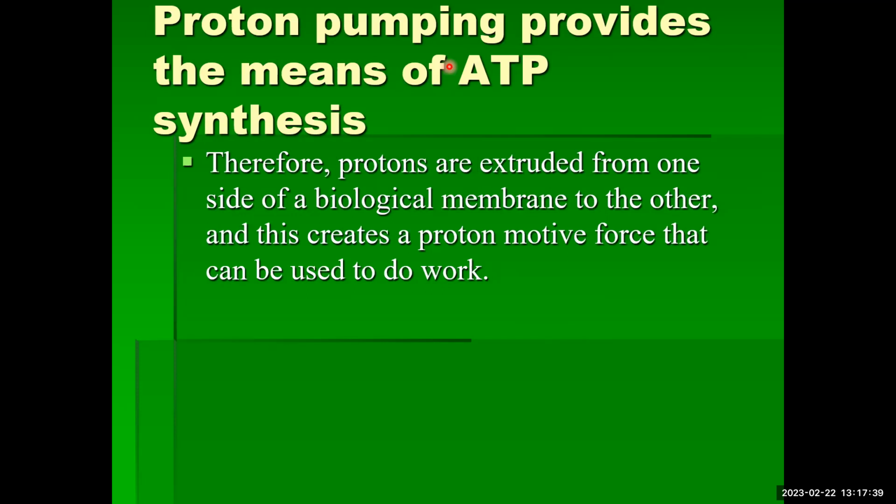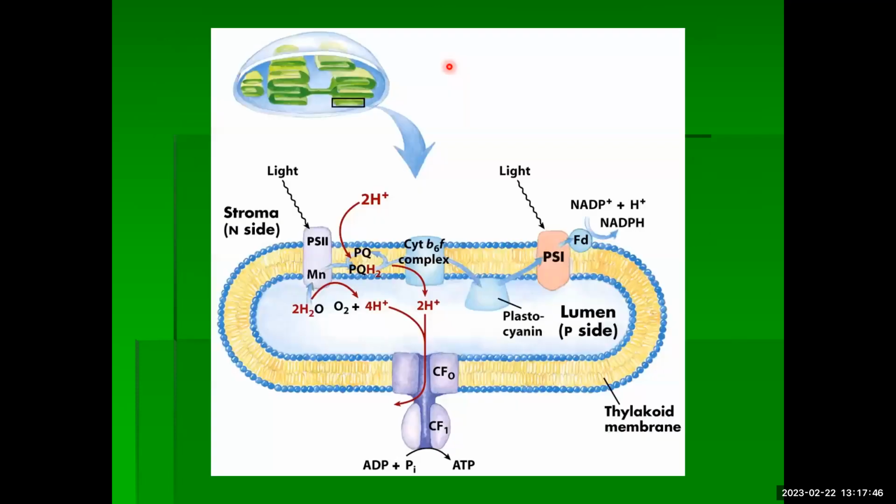And as those protons get pumped back into the stroma, they can make lots of ATP, and they do just that. So you not only have a disparity in concentration, you have a disparity in charge and a disparity in pH within a completely closed membrane. Your proton motive force, therefore, in this case, is formidable.